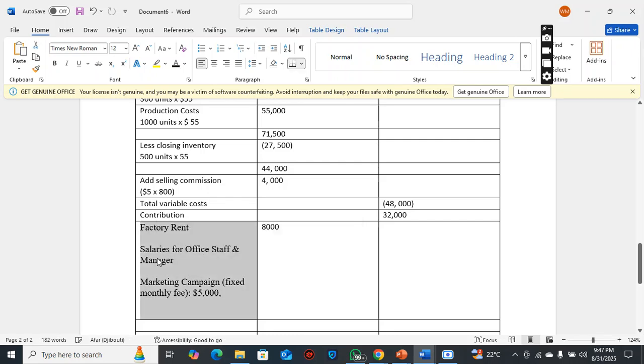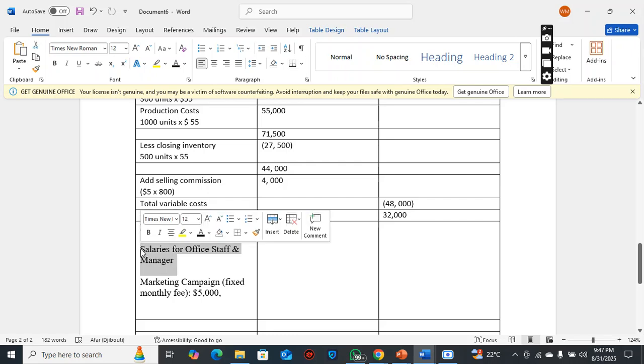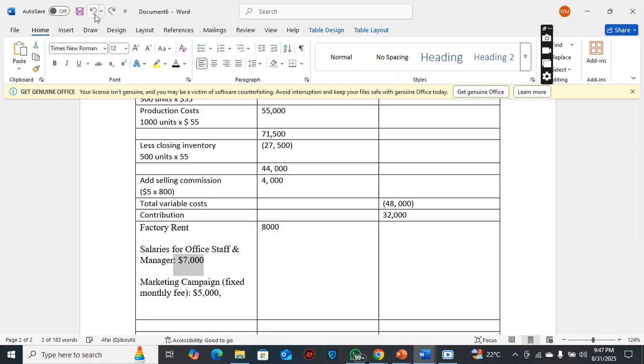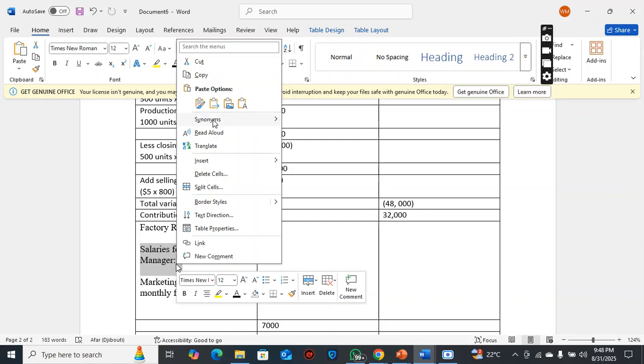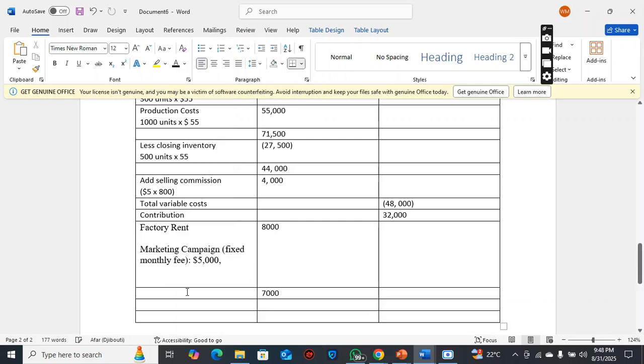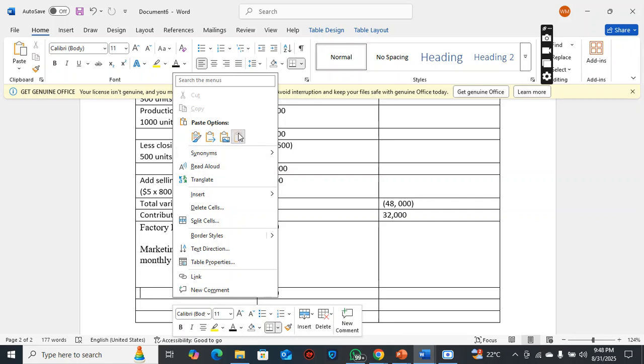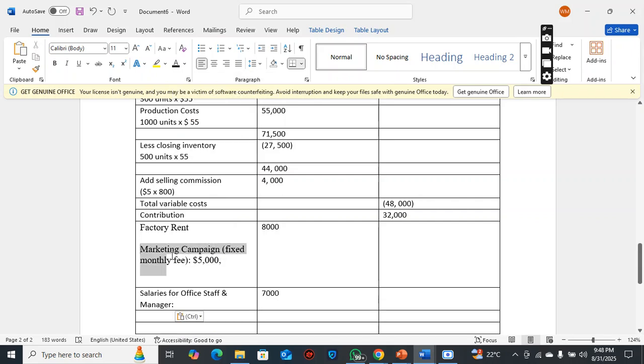Salaries for office staff and manager 7,000. Marketing campaign.